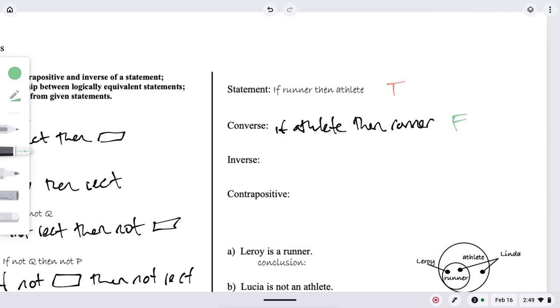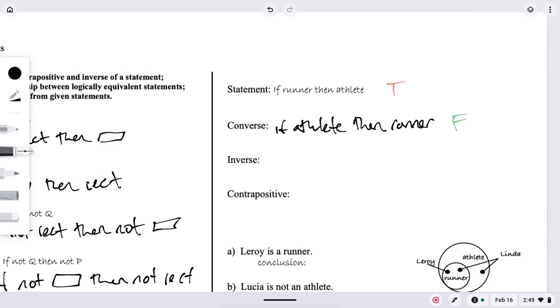I think that's an athlete, and they don't necessarily run or have to run. And a NASCAR driver, you could call them an athlete. It depends on the person, though. Some people do not call them athletes. I'm an athlete. I'm a golfer. And some of us don't run for sure. So it depends on your own opinion. But in my case, I would say that the statement's true, the converse is false.